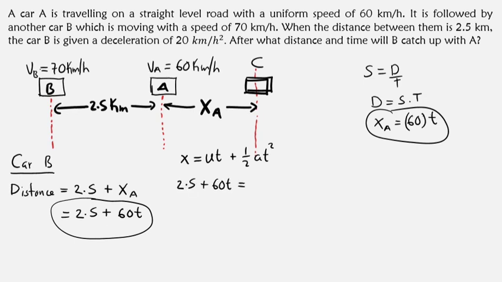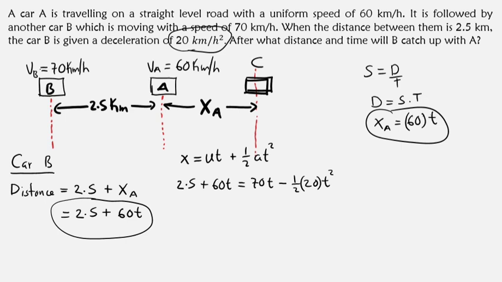This is equal to the initial velocity for B, 70 km per hour, multiplied by t, minus half the acceleration for B, which is 20, times t squared. I hope that makes sense.